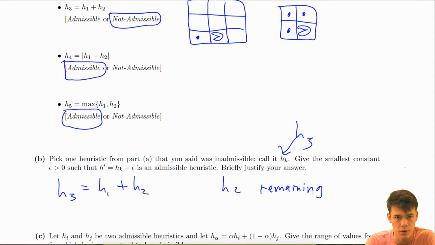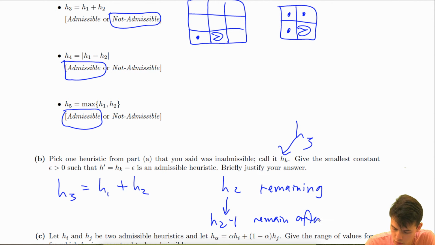At that point, how many pellets remain? H2 minus 1 remain after eating the first one. So at that point, you need to make at least H2 minus 1 more moves, because that's the number of pellets you have to eat next. Recall that it took at least H1 moves to get to that first pellet, and from there you'd have at least H2 minus 1 other moves to eat the other pellets.